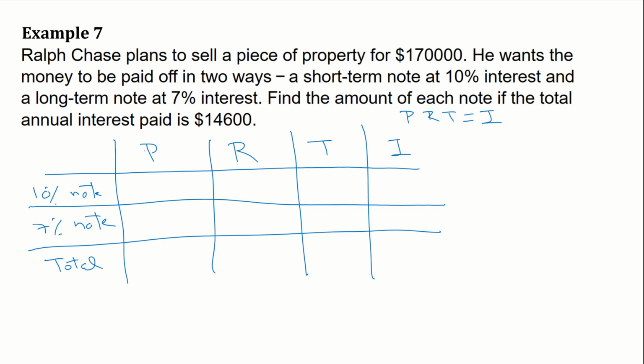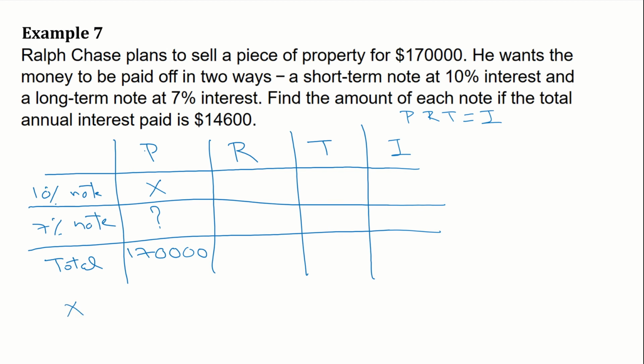Now, we don't know how much of the 170,000 should be invested for the 10% note so that we get the result that we want, so we'll just call it X. We do know that the total to be invested is 170,000. So let's temporarily put a question mark there; we'll fill it in a minute.